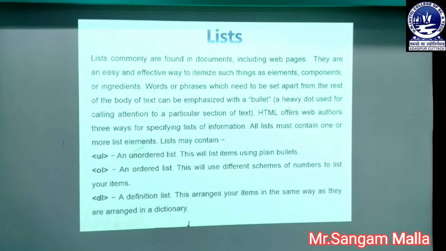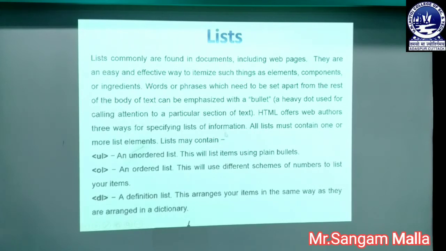Bullets are actually a heavy dot used for calling attention to a particular section of the text. Whenever we emphasize a particular text in a web page or document, we use the concept of bullet, or we use symbols to identify a bullet. You can see over here that to emphasize the UL tag, OL tag and DL tag, I have specified the text in bold letters.